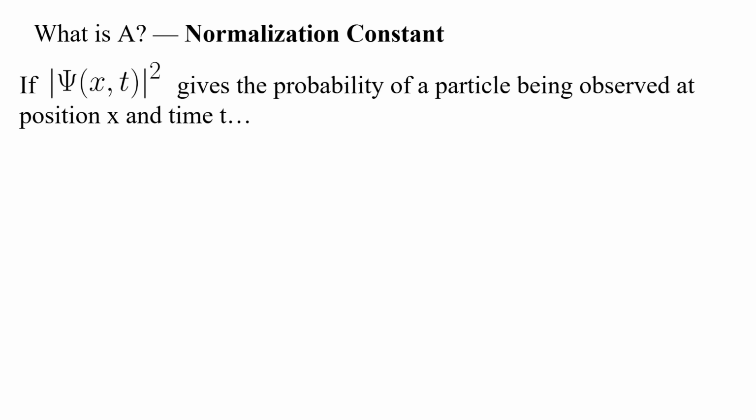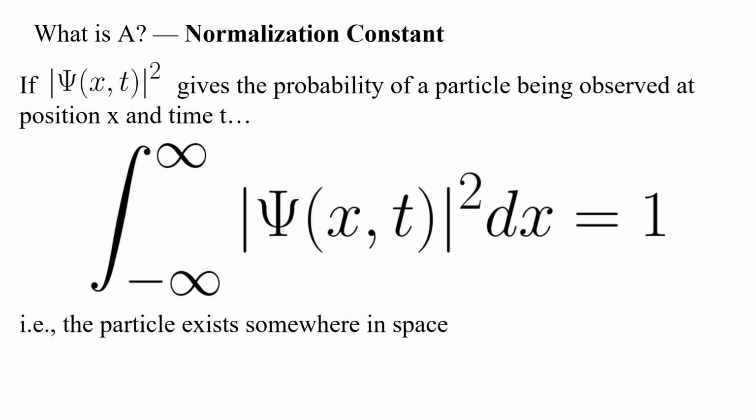So logically, you would have this necessary condition that if you were to look over all of space and sum up all the probabilities, so look at all the x's and say, what's the probability of the particle being here, probability here, probability here, and sum up all those probabilities from x equals negative infinity to x equals infinity, you should get out 1. In other words, if you take the integral of the magnitude squared from negative infinity to infinity with respect to x, you should get out 1 because the particle has to exist somewhere.